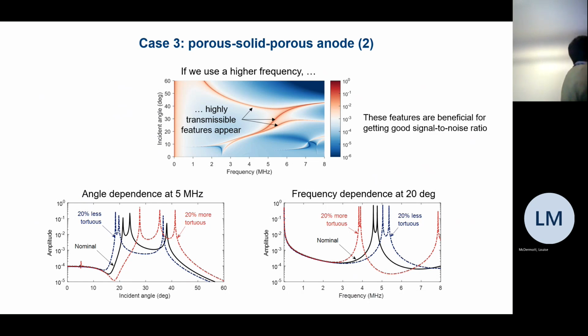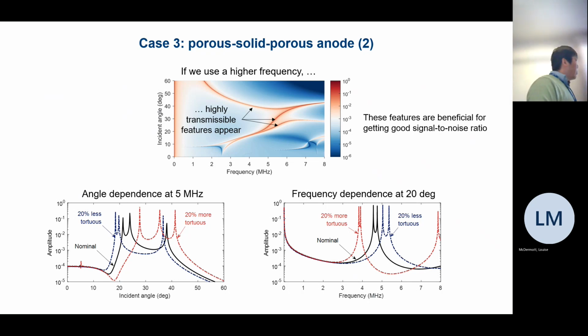So the higher frequencies will give you a little more features in terms of how the sensitivity and tortuosity is affecting the wave propagation. And in fact, if we focus on these higher frequency components, and if we change a little bit on the tortuosity value, you can see the sensitivity of the amplitude response of the through transmission is coming up.